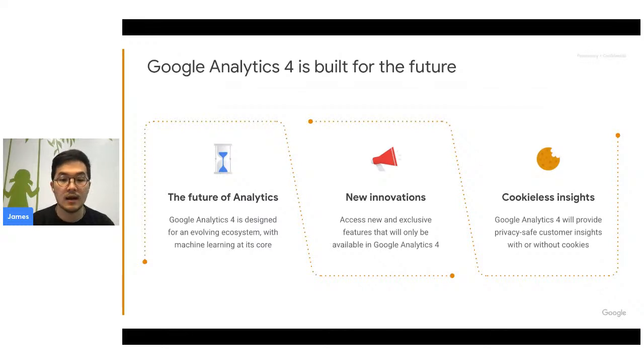And the third one is when it comes to the year after cookie deprecation. We all know that Chrome currently has a timeline where 2023 might be the time for third-party cookie deprecation. Google Analytics 4 is already built on first-party cookie-based data collection.